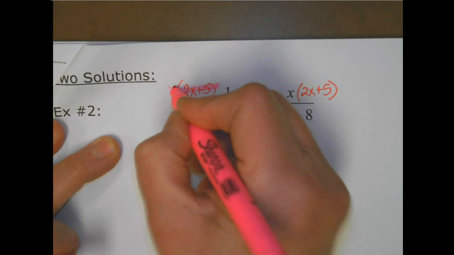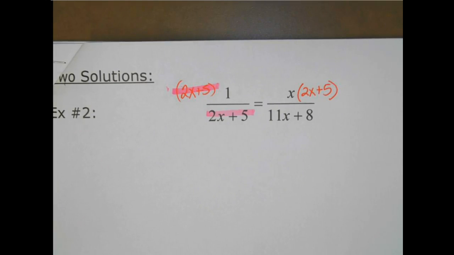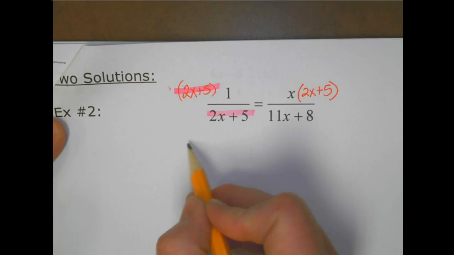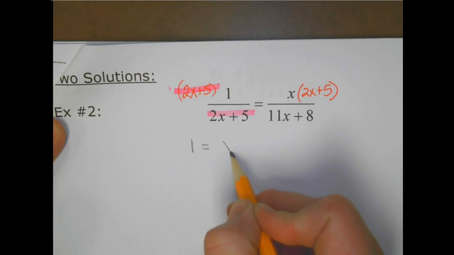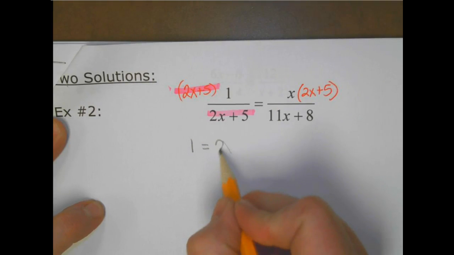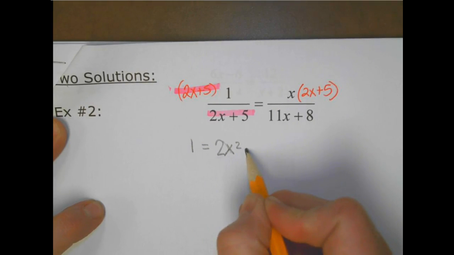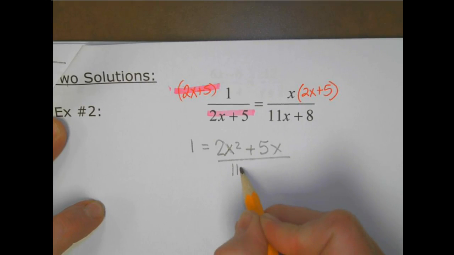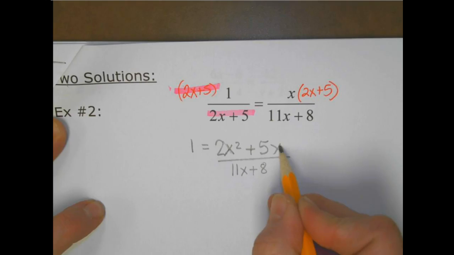Well, the whole reason I multiply by that is so it will cancel. So on this side I have 1. Where did I get 2x squared plus 5x? Where did that come from?